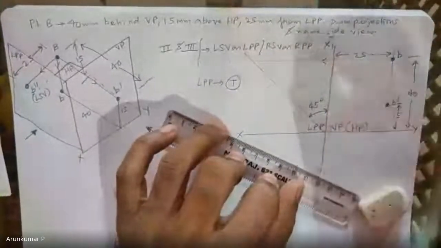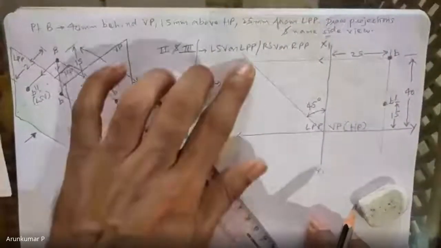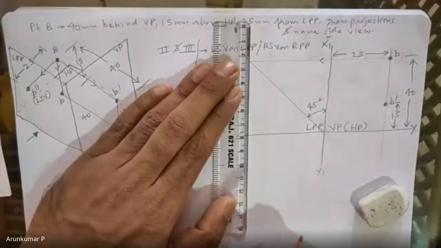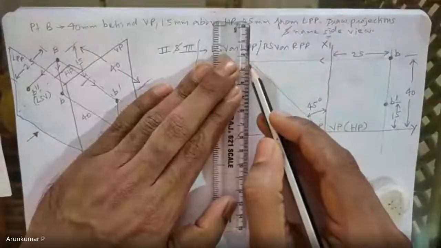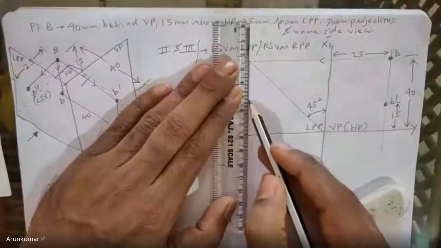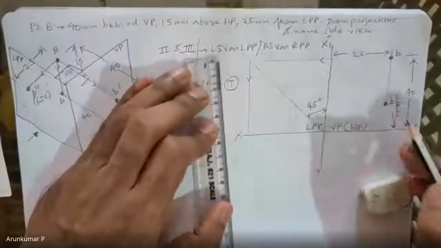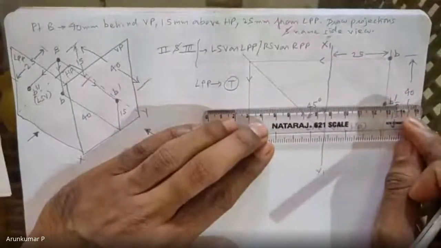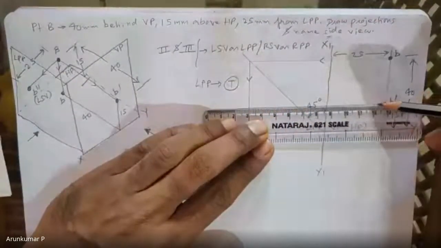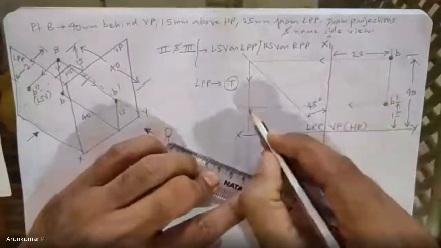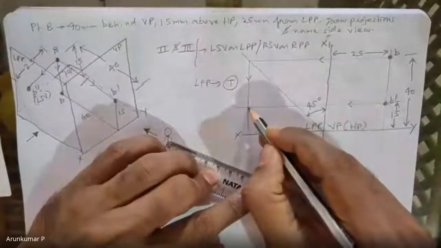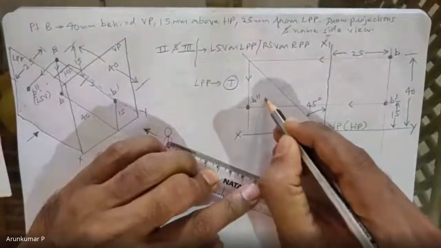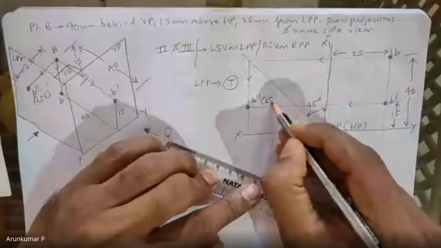You can see the arrow. And where it intersects, I will take it up or down. Down. Yes, I'll take it down because the front view is below. That's why I'm taking it down. And then I'll make it intersect with the projector of the front view. So the top view and the front view projectors are going to intersect at this point. This point is B double dash, your left side view.